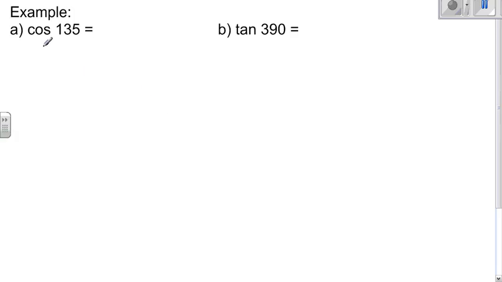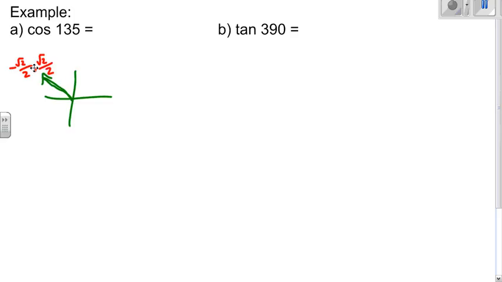So now let's look at an example where we figure out cosine of 135. First, if you think about the unit circle, 135 degrees would put us over here, which will be the same thing as 3 pi over 4, if you remember from the unit circle, which is the point negative square root of 2 over 2, square root of 2 over 2.